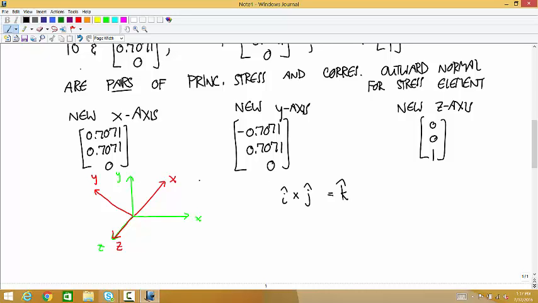I cross j, does that equal k? You can just do this with the right-hand rule. It's a little hard to tell where my vectors are pointing. These two both live totally in the xy plane. And so right-hand rule says x cross y is equal to z, so that's good.